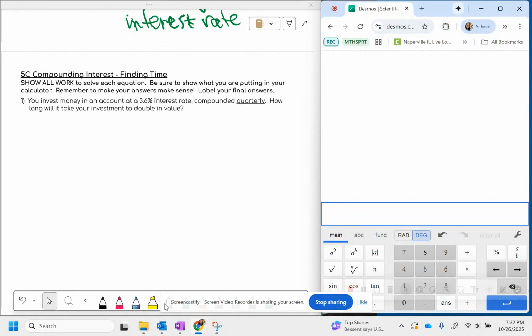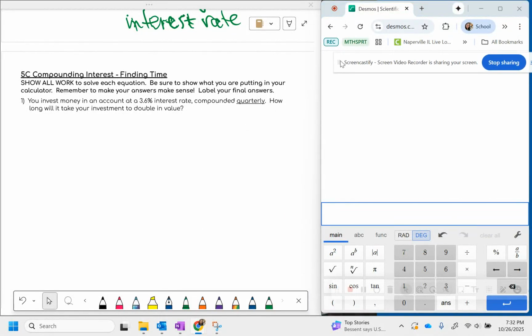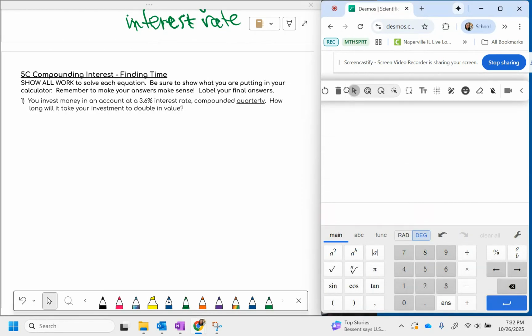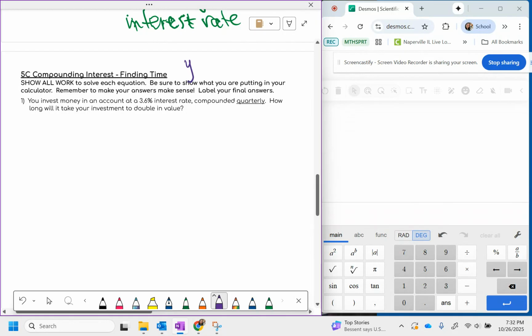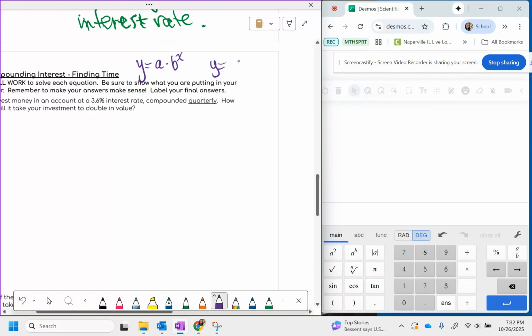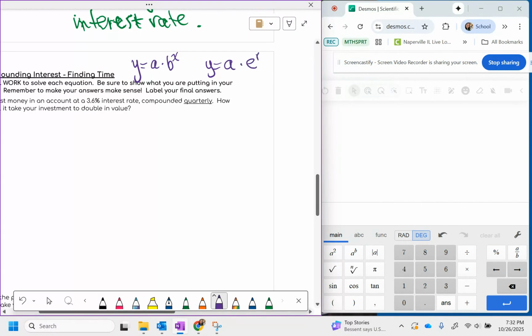Okay, for 5C, the thing we need to remember about compounding interest, about finding time with compounding interest, is that time is in our exponent. So remember that we are going to use either y equals a times b to the x or y equals a times e to the rt.